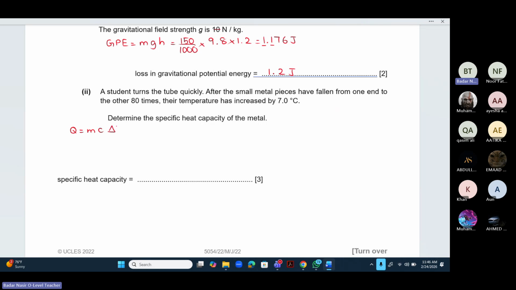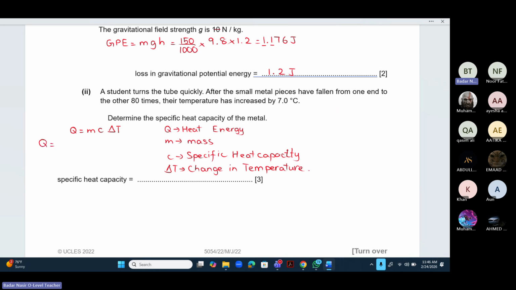Q is equals to mc delta T. Q stands for heat energy. M is the mass. C is the specific heat capacity. And delta T is the change in temperature.